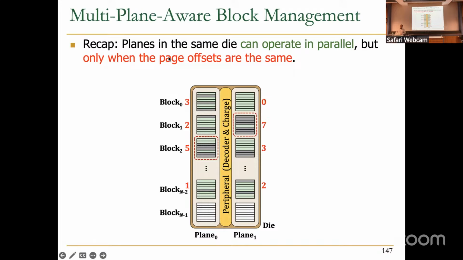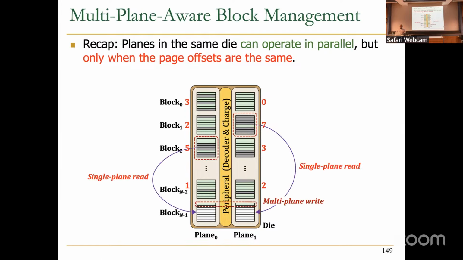If we go with a greedy policy, in plane 0, block 2 is the victim because it has the highest number of invalid pages, and in plane 1, block 1 is the victim. So now we need to do several copies.